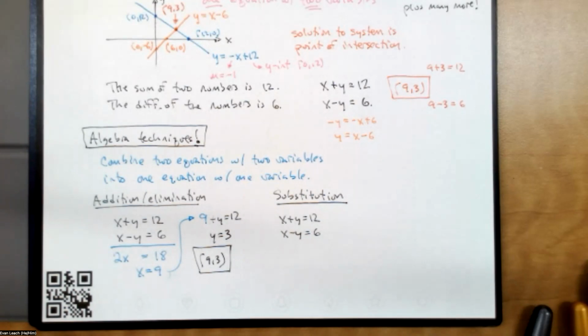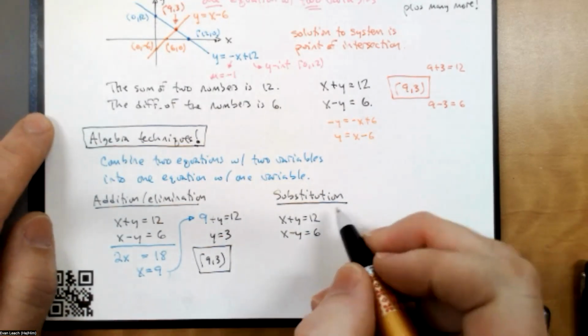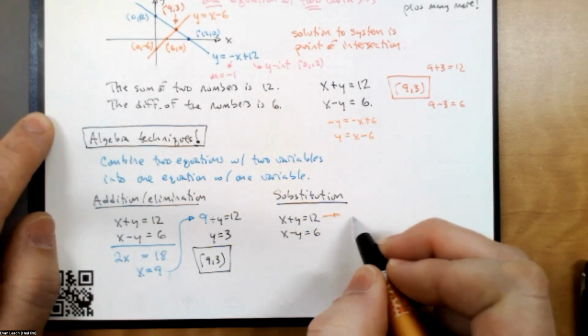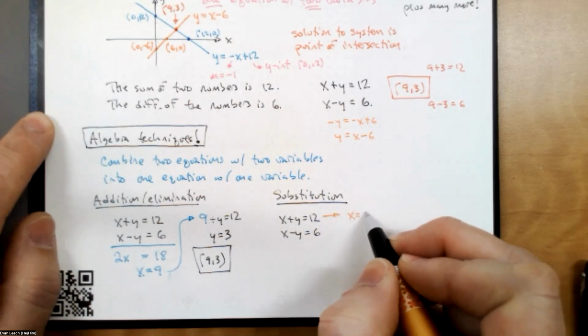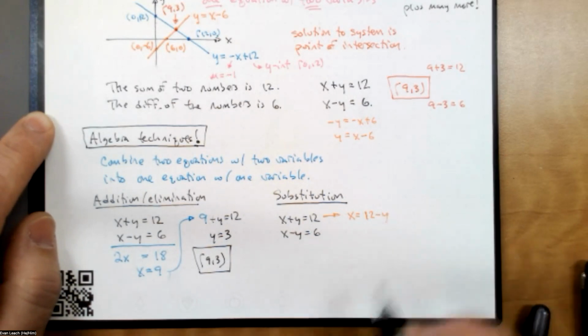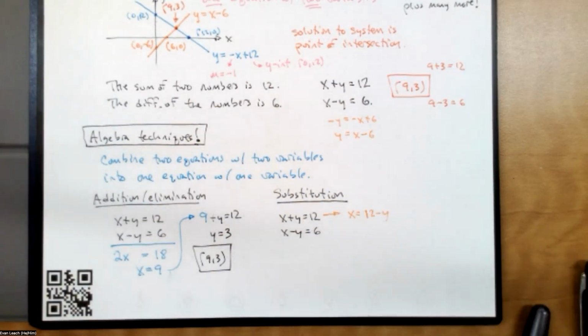Solve one of the equations for one of the variables, plug it into the other equation. Still fits that description. Combine the two equations together into one equation with one unknown. So if I take this first equation and say, this tells me that x is equal to 12 minus y, and replace the x in the second equation.